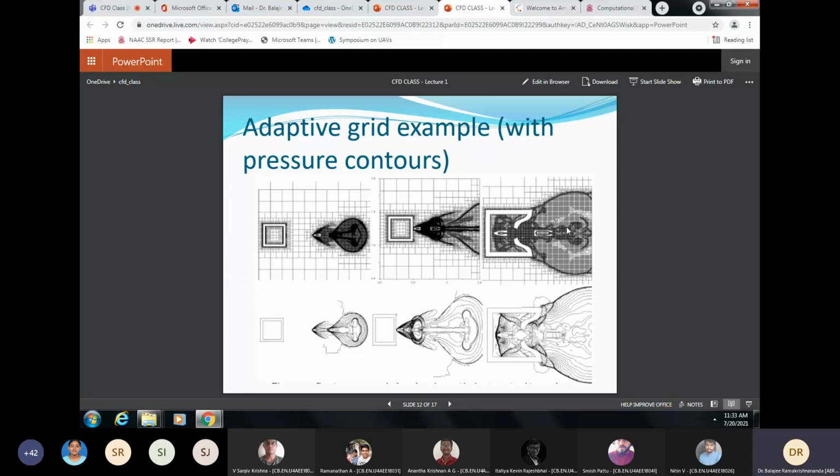Why are there so many grid points? Because from the solution, we found out that the change in pressure in that direction is very high. And they somehow implemented that in the grid also. How they do it, we'll look at it later. We'll have a very first look at it. We won't go into details, but we will go into the initial detail.